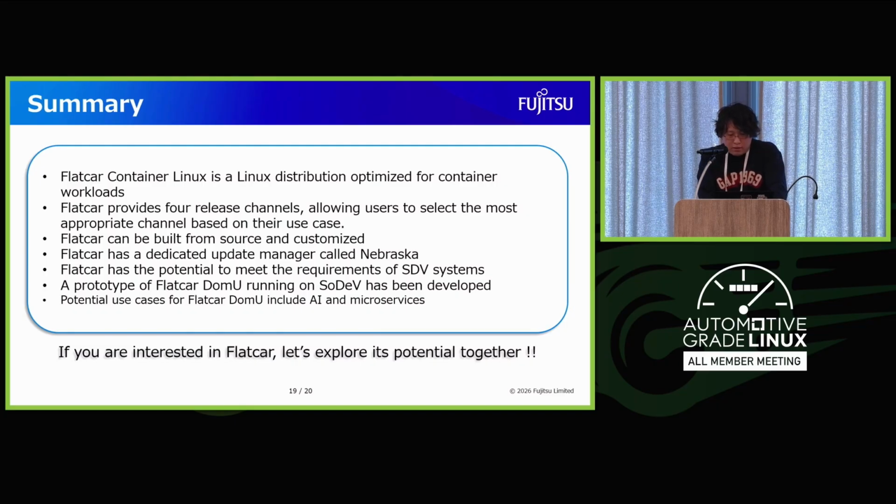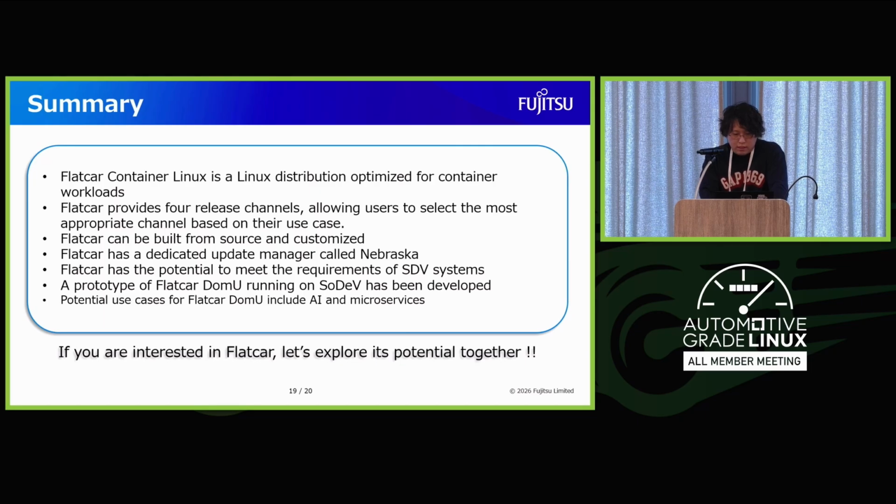Next, I will summarize today's presentation. Flatcar Container Linux is a Linux distribution optimized for container workloads. It provides 4 release channels, so users can choose the right channel depending on their use cases. Flatcar can also be built from source, and the OS image can be customized.